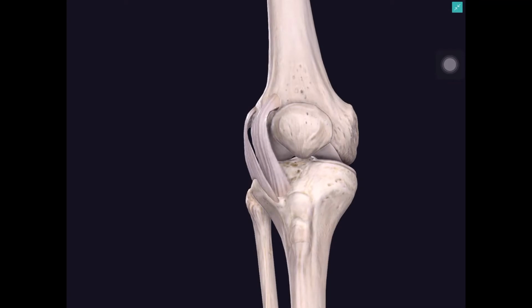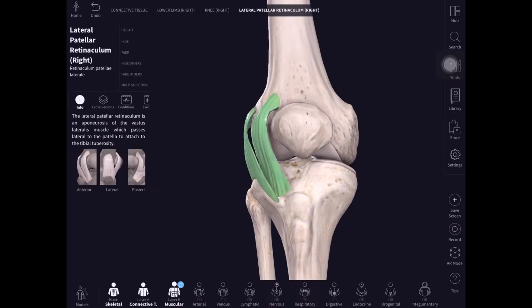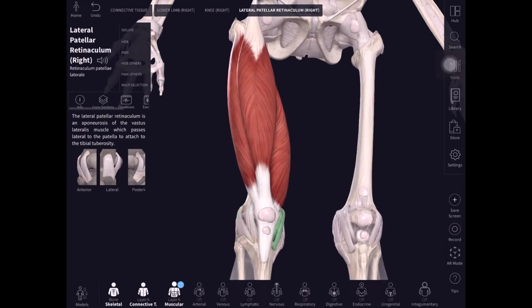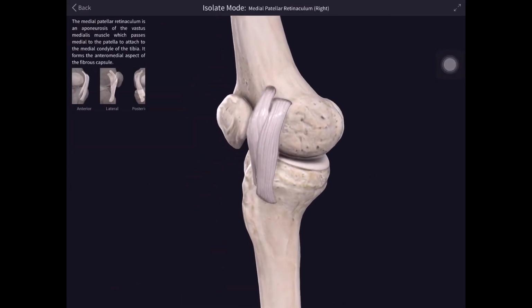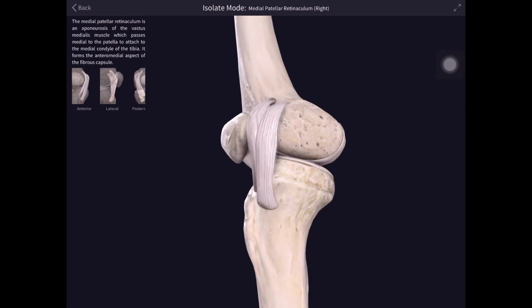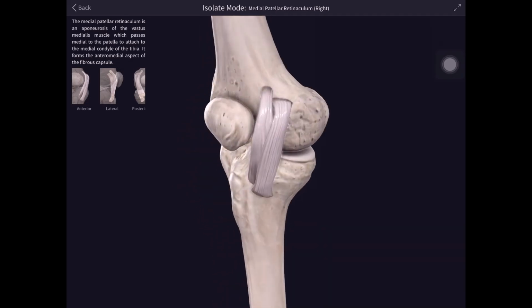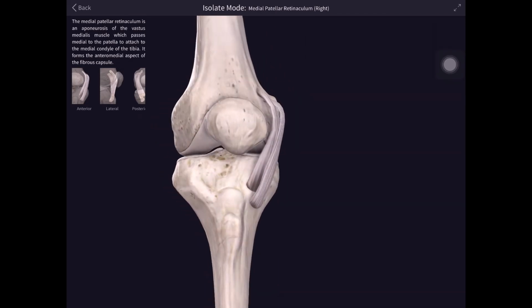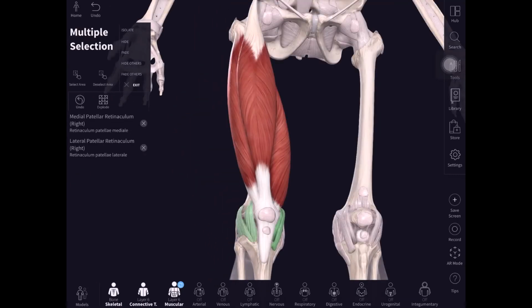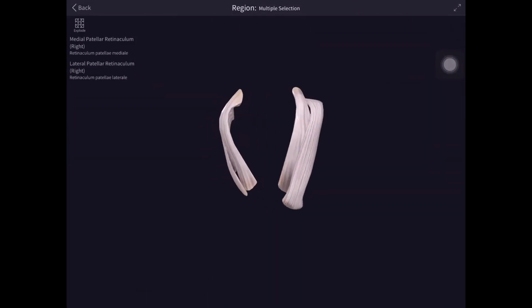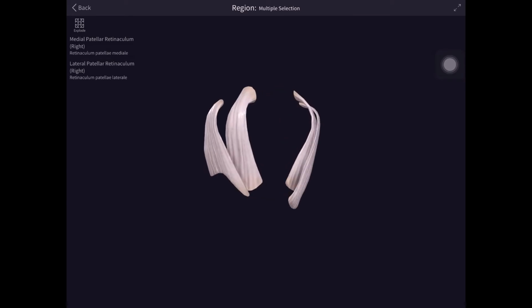So let us bring the other one also. Again, if you see this view, there is also a double band, again from the medial condyle to the tibial condyle. And if you bring both the ligaments, now you can see these are the two, medial and lateral retinacula.